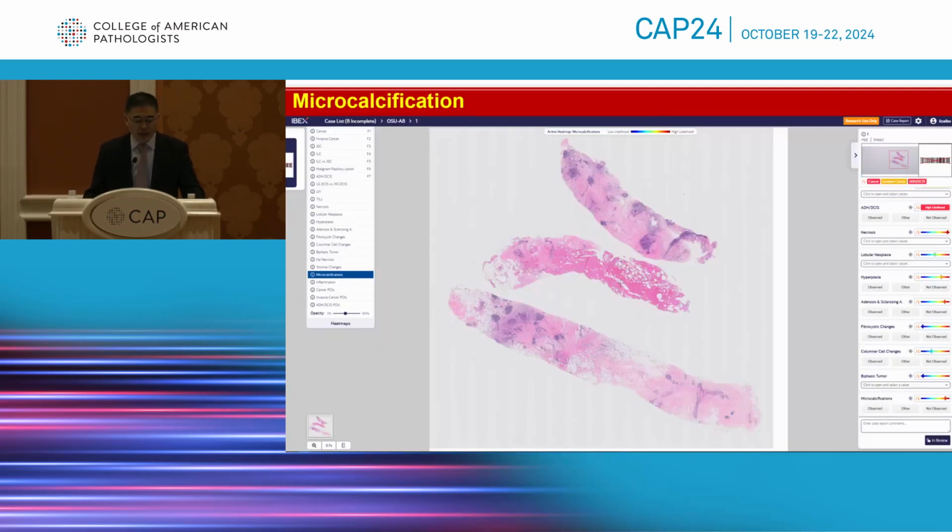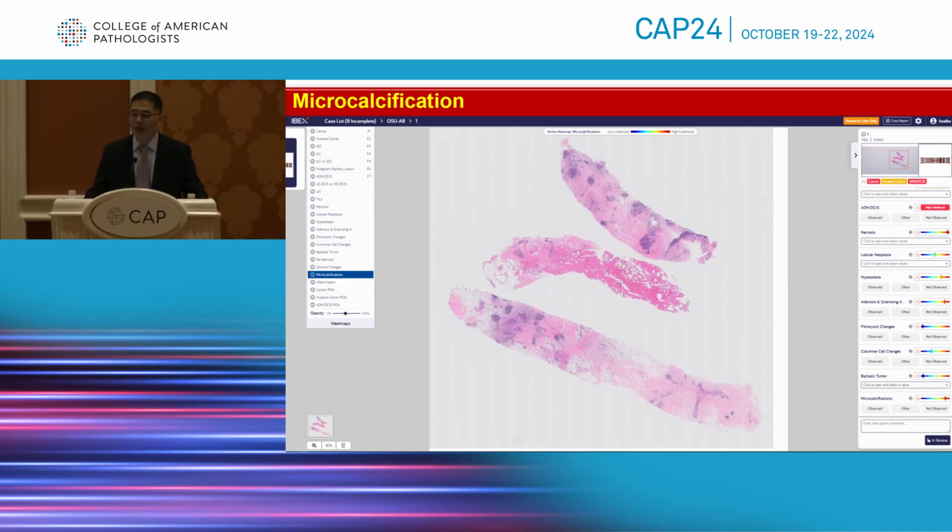Not only those abnormal lesions, this algorithm can also help to identify microcalcification. As we know, with many breast biopsies, if you are a pathologist, you need to identify those calcifications, right? For many breast biopsies, abnormal calcifications were identified on imaging.